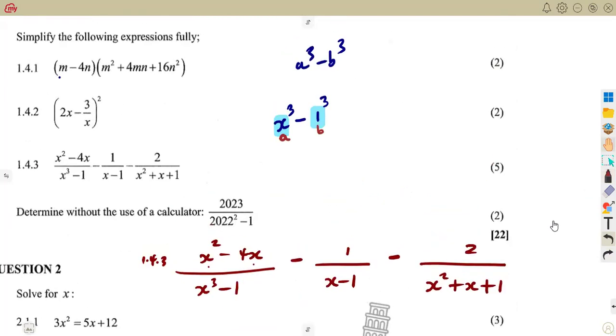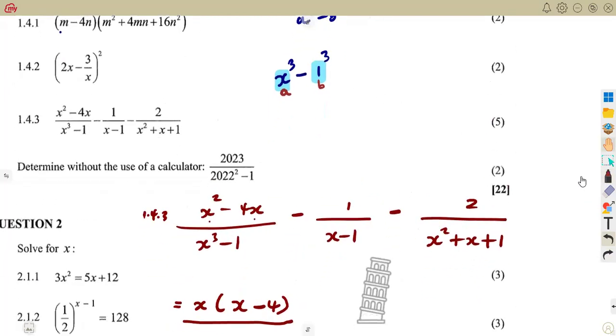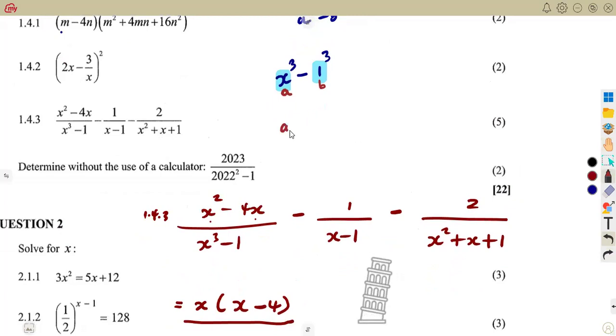So if you have A cubed minus B cubed, or maybe you write it in form of X cubed minus Y cubed, whatever part that you understand, it is going to give you A minus B into A squared plus AB plus B squared.